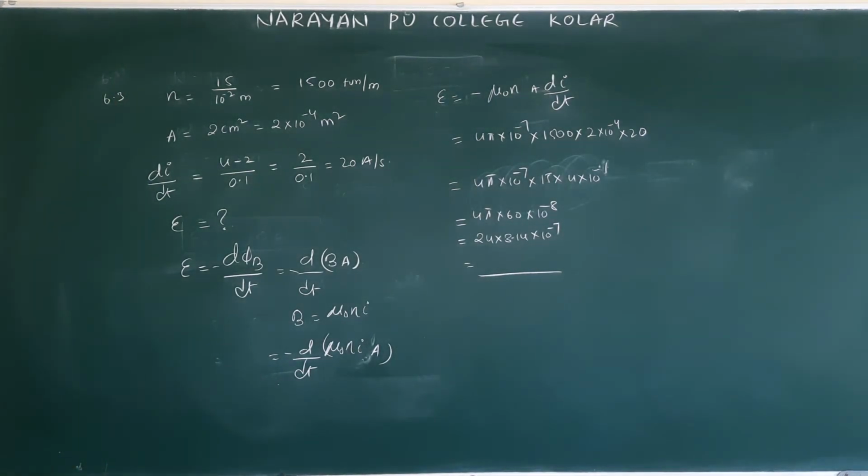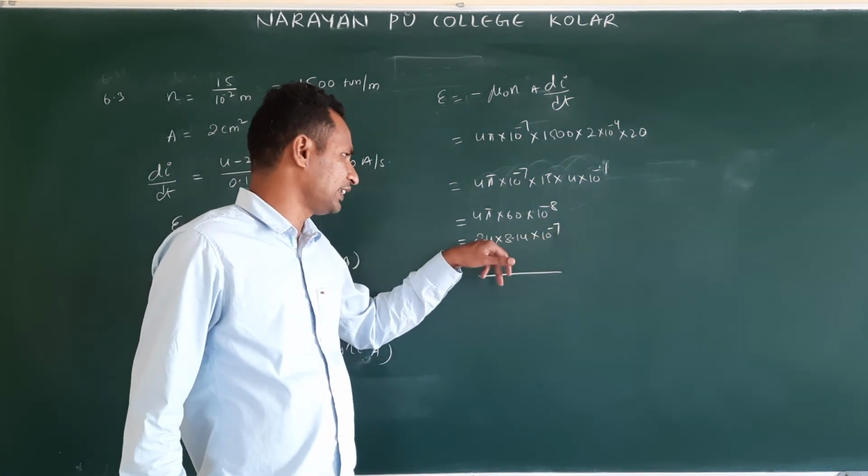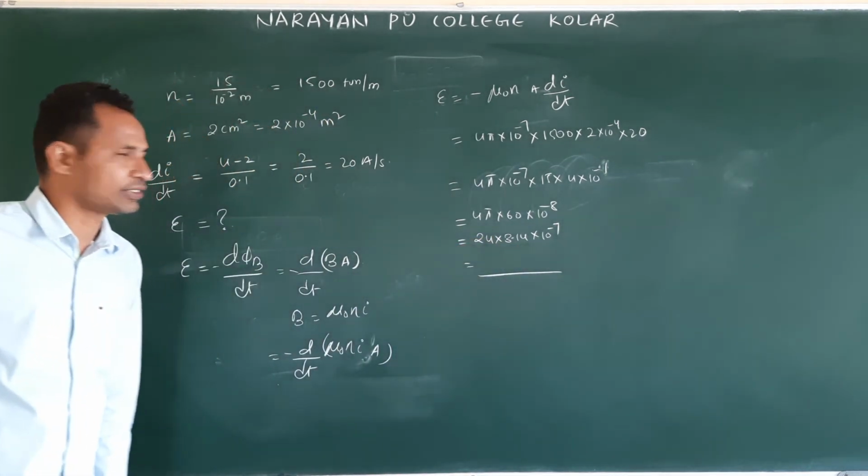It depends on the calculation. Clear? So we got 72. If you remove 10 power minus 6, one decimal place comes here. Do this product and you will get the exact answer.